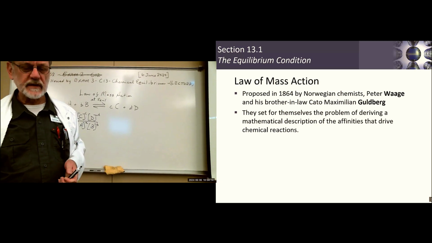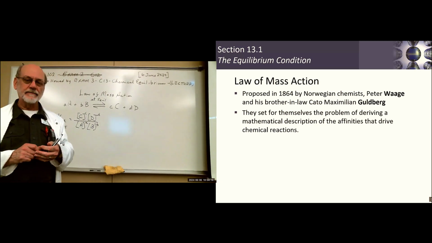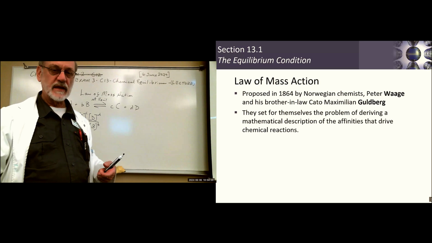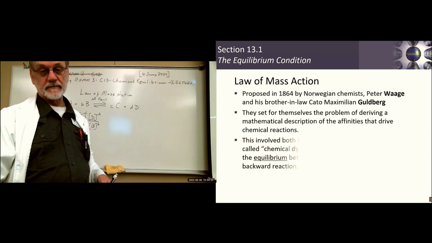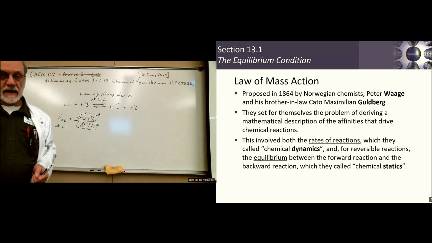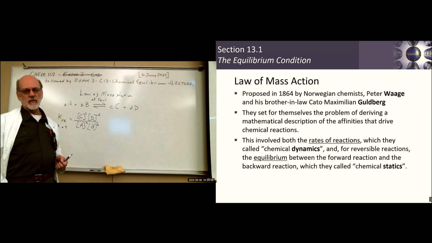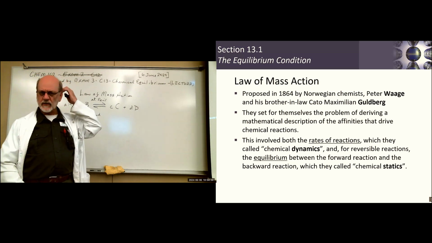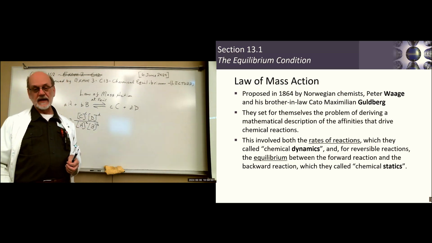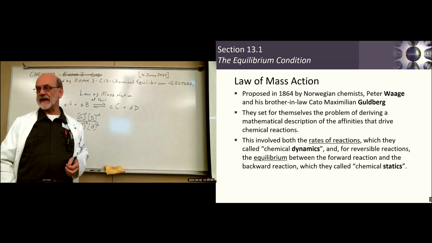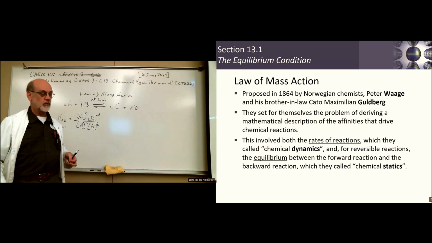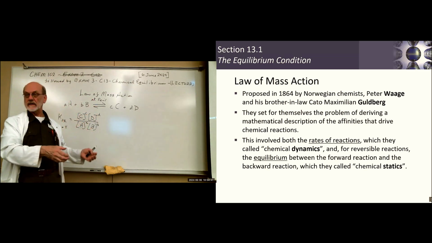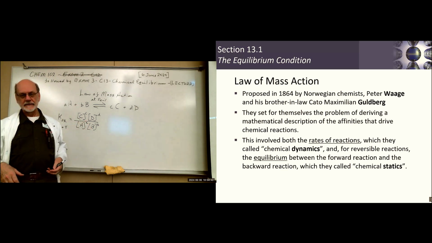Okay, they were interested in quantifying chemical reactions and trying to describe them mathematically. And this is what they came up with. They had different words for it back then. They called the study of reaction rates chemical dynamics, and equilibrium is chemical statics. And that just means that what you observe looks like it's not moving. Concentrations are fixed.